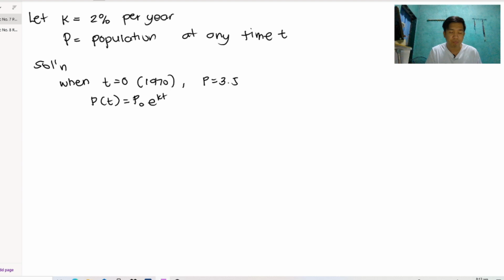So, by using this formula, P sub O e raised to KT, our P sub T here is 50. This equals, our P sub O is 3.5, times e raised to, our K is 2%, so 0.02 times the time.